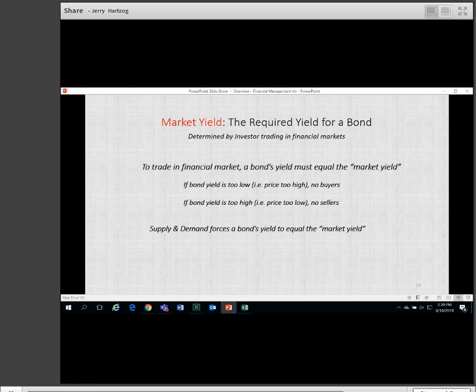So why must the yield on a particular bond equal this market yield? Well, if you set the price on your bond at a yield that's too low, there'd be no buyers. They'd say your price is too high. We can go out and buy other bonds for a lower price. What if the bond yield is too high? Well, then there are no sellers.